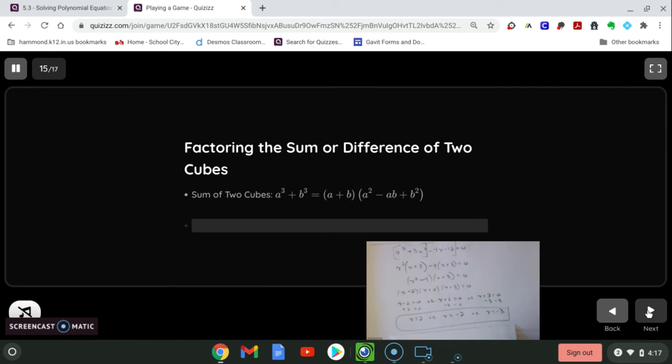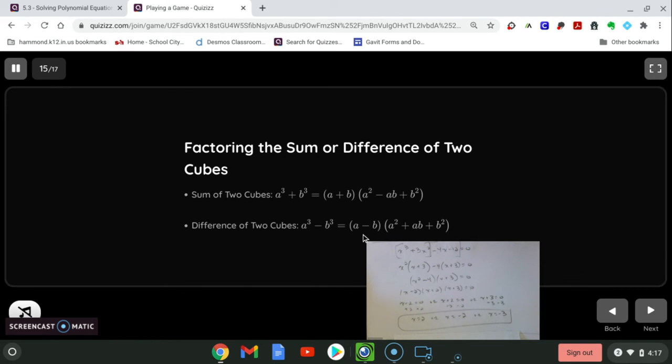The last thing we want to look at is factoring the sum or difference of two cubes. So if I have two perfect cubes added together, a to the third plus b to the third, it factors this way. a plus b times a squared minus ab plus b squared. If I have a difference, I go a minus b and then a squared plus ab plus b squared.